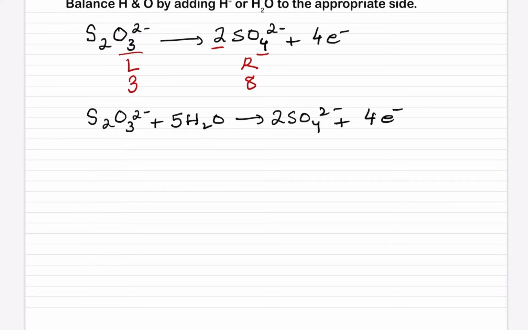Now we are left with the hydrogen. Let's see how many hydrogen are there on the left side and the right side. On the left side we have 10 hydrogen, and on the right side we don't have any hydrogen, so we can write 0. So let's write down the equation now.